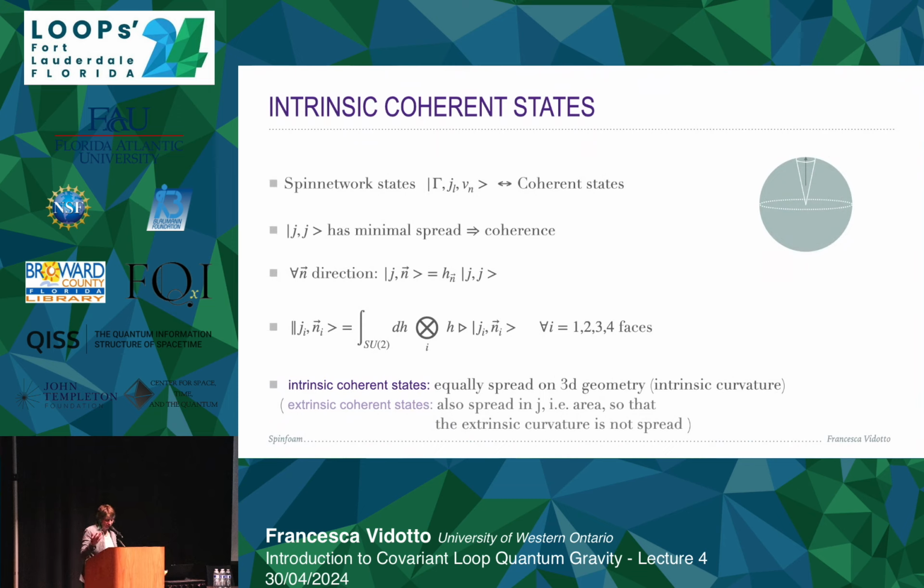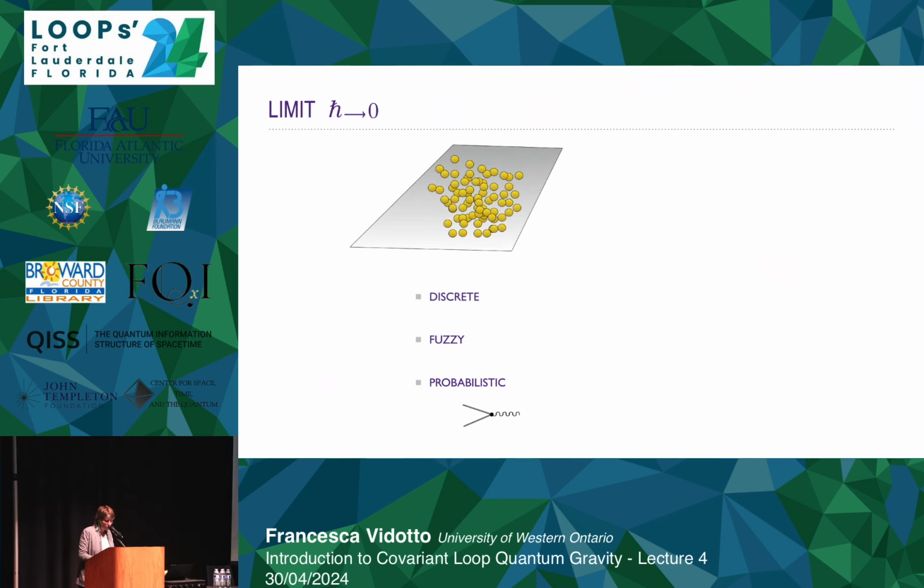And we have different choices of coherent states. For instance, I was defining the intrinsic coherent states where just the tree geometry is equally spread, but you can make other choices so that both the 3D and the 4D geometries are equally spread. Or you can define whatever coherent states suit better the problem that you are addressing.